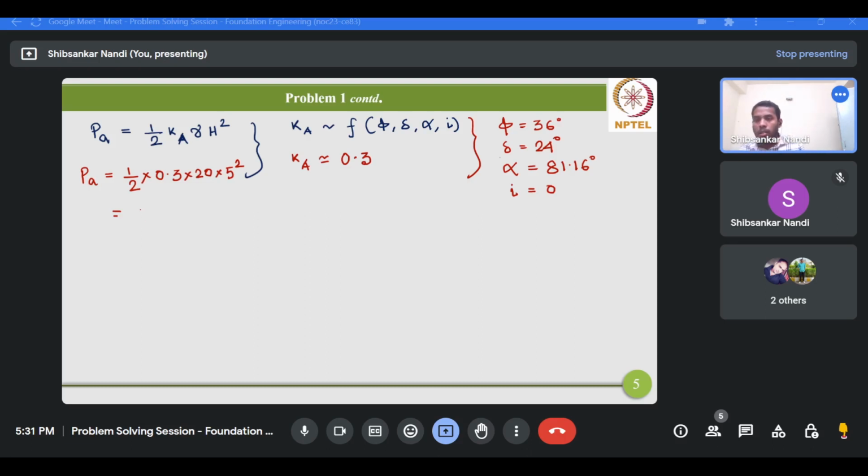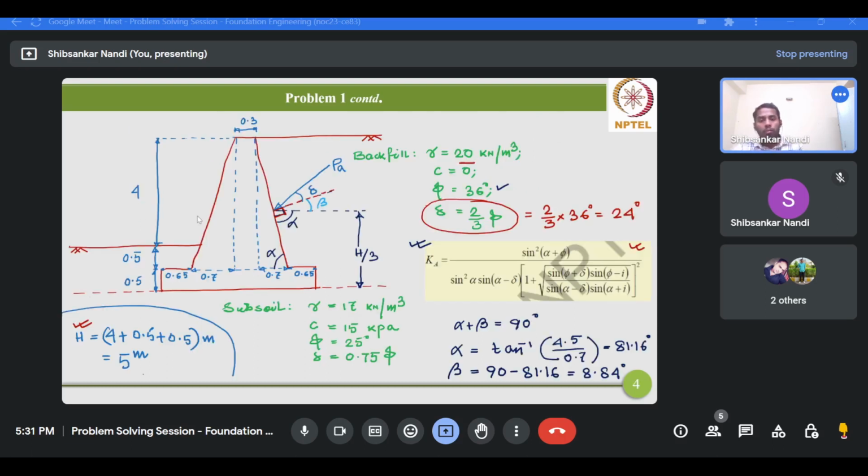So it would be 75 kilonewton per meter. Now we have earlier determined the line of action of this PA, and this is acting at an angle of delta plus beta with the horizontal.